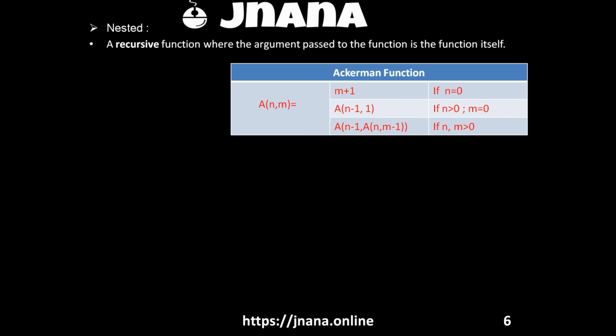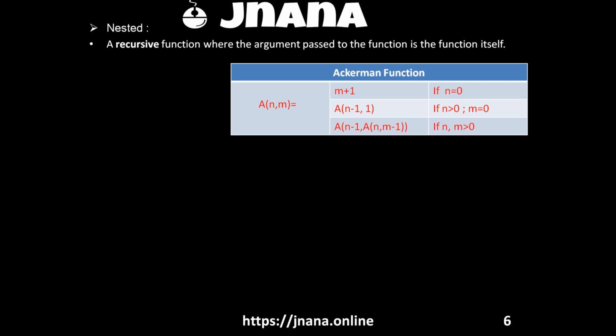When n is equal to 0, the output is m plus 1. When n is greater than 0, when n is 1, 2, 3, 4, 5 or anything, but m still remains 0, then the output is A of n minus 1 comma 1. When n and m are both greater than 0, both 1, 2, 3 or any other value, then we call the nested recursion.